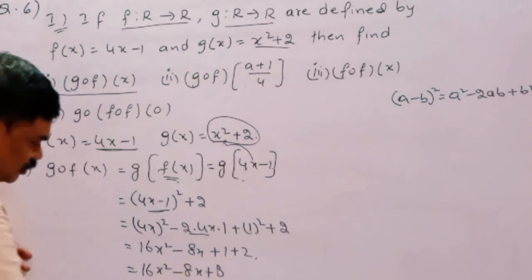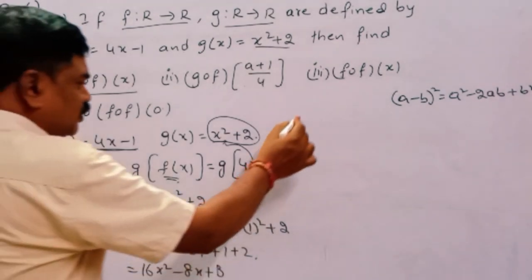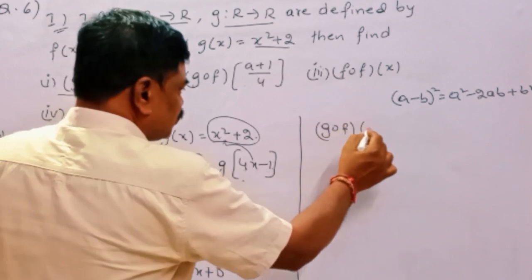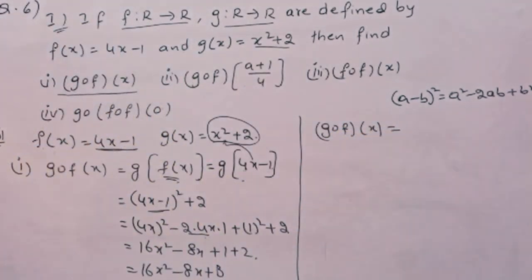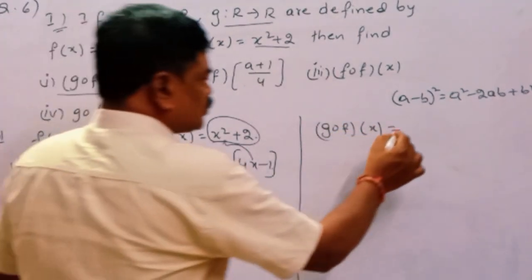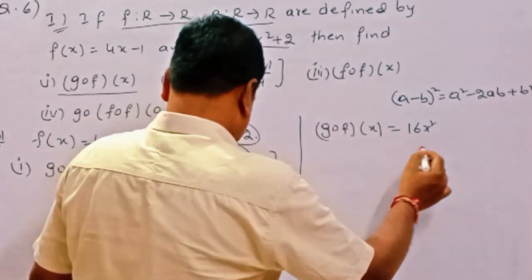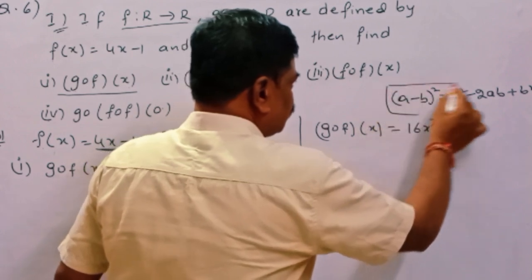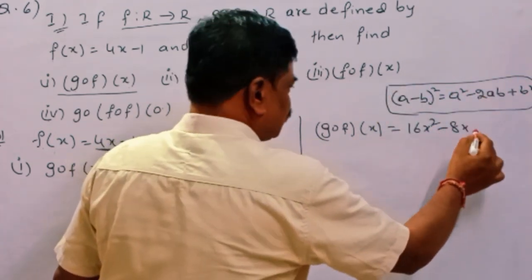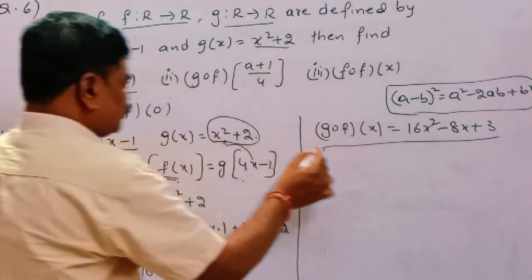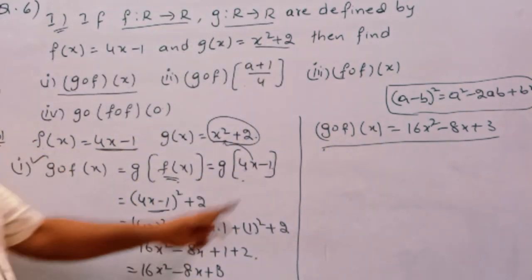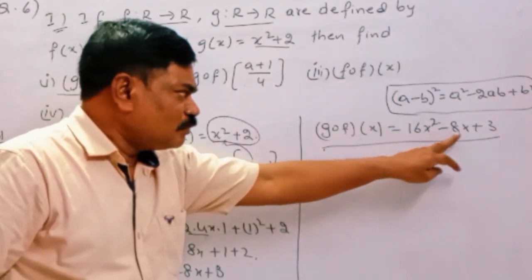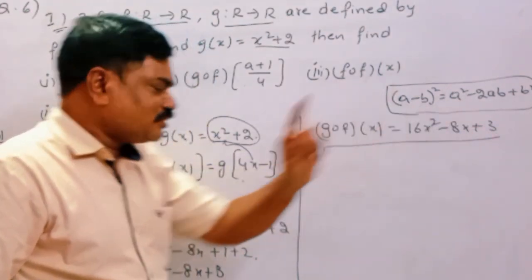So g circle f of x is equal to 16x square minus 8x plus 3 is the answer.